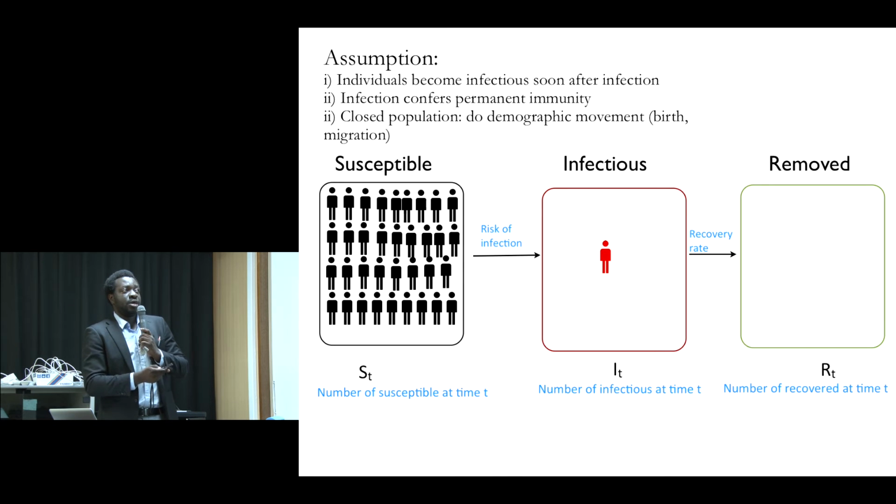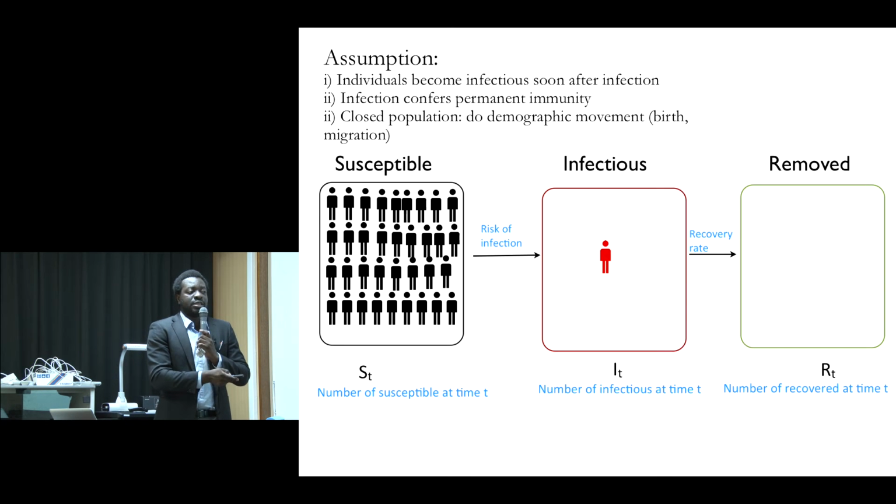We have our assumptions. Remember, we say we have permanent immunity, so if you become immune, you stay there forever. Closed population, there is no entry, no birth, no death, and no migration. And we assume that once you're infected, you become infectious directly.